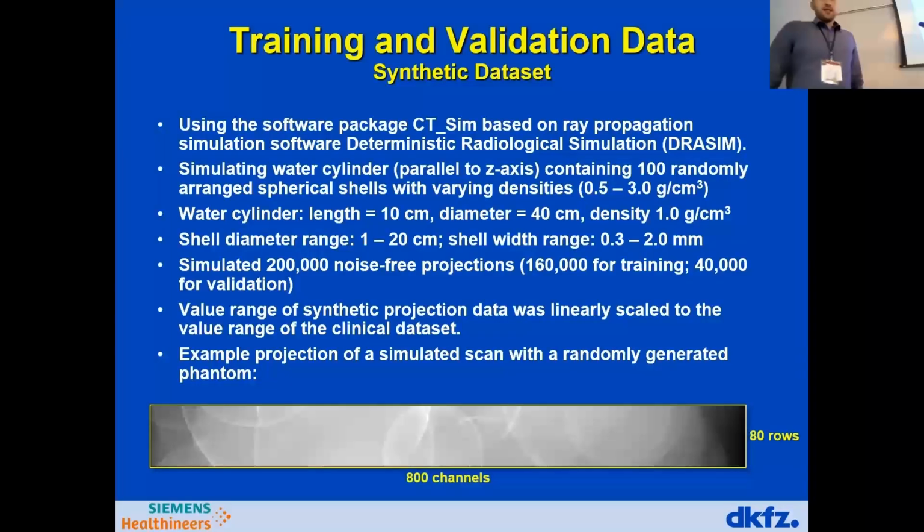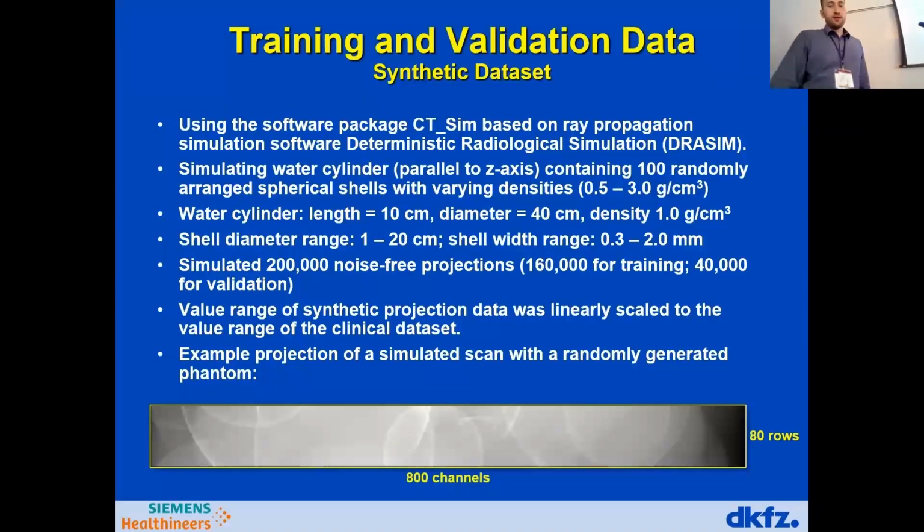And for the synthetic data set, we used the simulation software tool CTSim to simulate projection data suitable for the network training. Here we simulated a water cylinder parallel to the z-axis containing 100 randomly arranged spherical shells with varying densities from 0.5 to 3 grams per cubic centimeter.